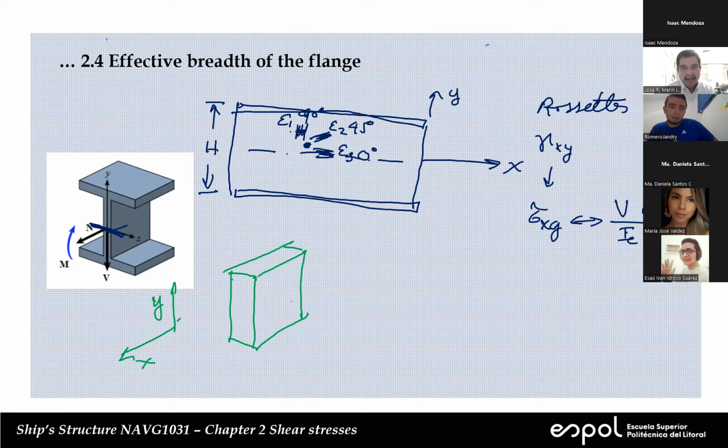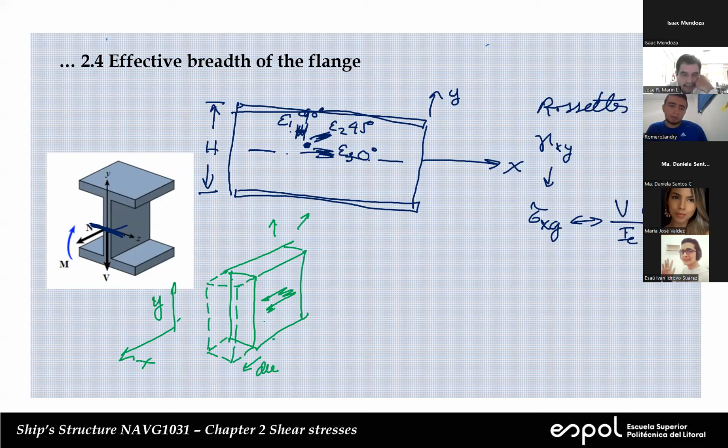Now, if I measure epsilon in the z direction, that means I'm measuring how this elongates. This is what I'm measuring here if I put a strain gauge in this direction. Similarly in the vertical and at 45 degrees.